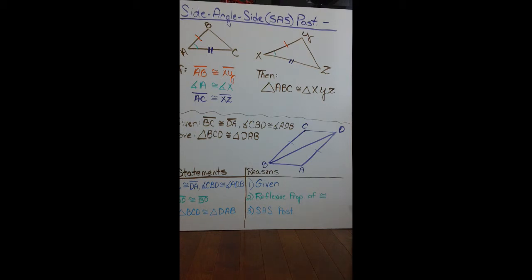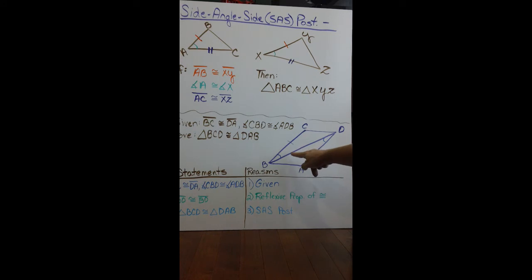And angle CBD, this angle right here, is congruent to angle ADB, this angle right here. We've marked all that's been given. Now look at our picture. Again, we have a shared side between the two triangles.